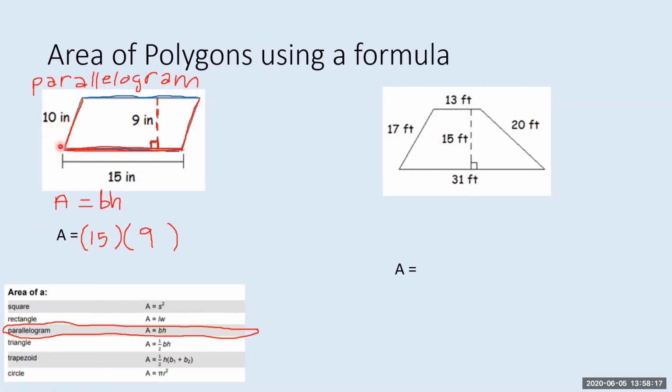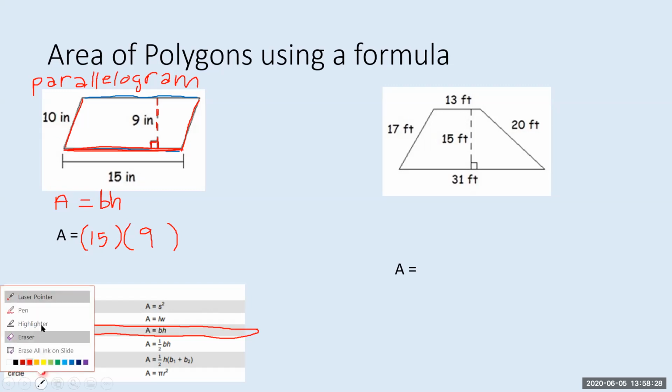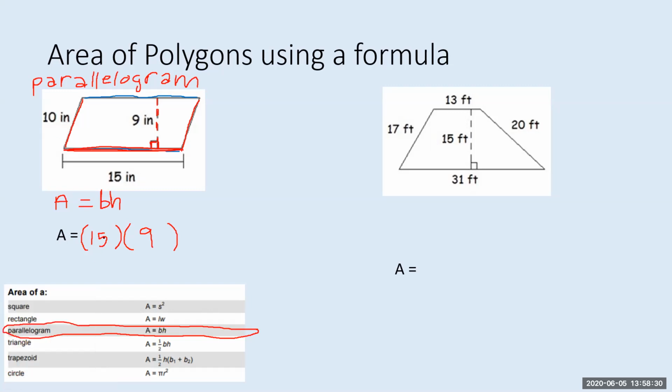And we don't want something that's all diagonal and wonky. We want a nice straight line going from the bottom up to the top of the shape to measure the height. So 15 inches times 9 inches will give us an area of 135 square inches for this parallelogram.